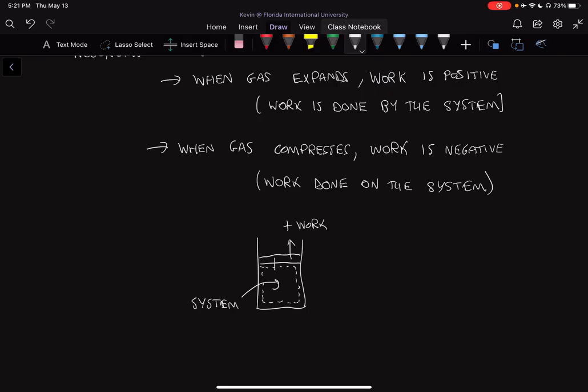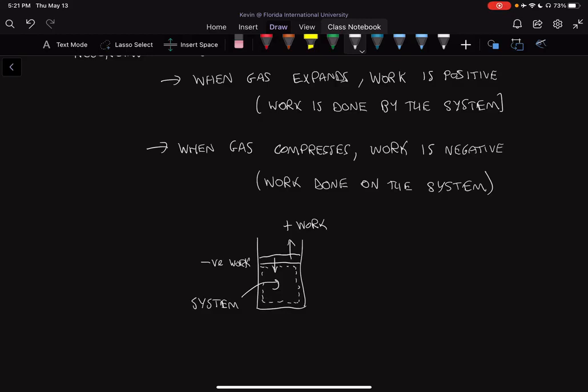And anytime our piston moves down, sorry, we have negative work. Okay, so that should help in understanding what's happening. So if you know that the piston's going up, you know the work is positive. If you know the piston's going down, the work is negative.